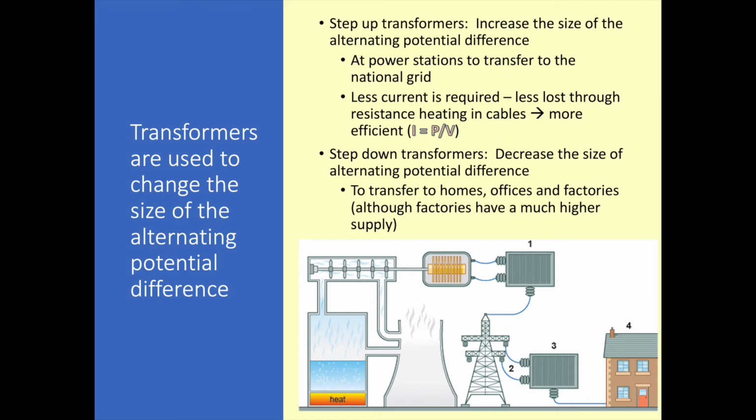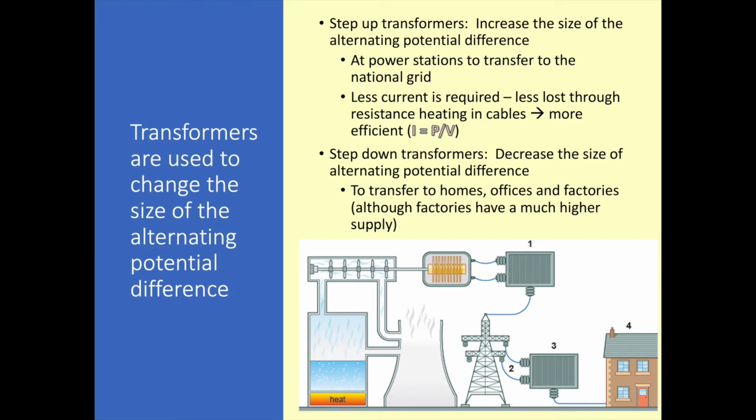So transformers, this is new to us, and what they're doing is they're changing the size of the alternating potential difference. So a step-up transformer will increase the size, and we use this from our power station to transfer it to the national grid.